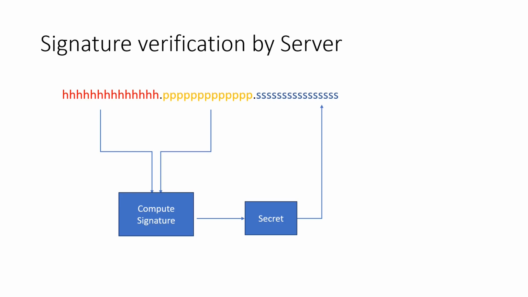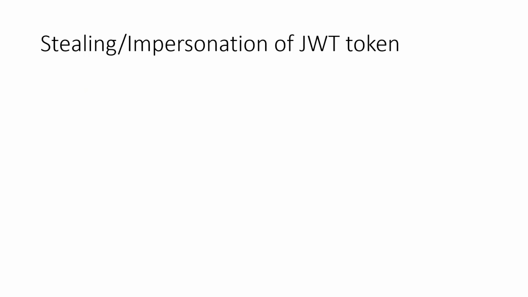And then the question comes to our mind: the token is out in the open, right? If somebody can steal our JWT token, maybe they can impersonate us. For example, a server has given some JWT token to the client to store and use for future exchanges.